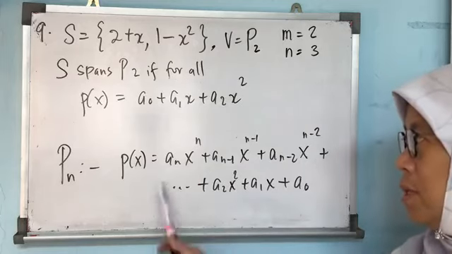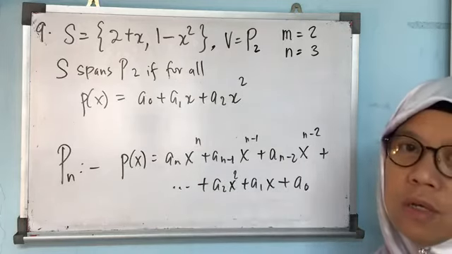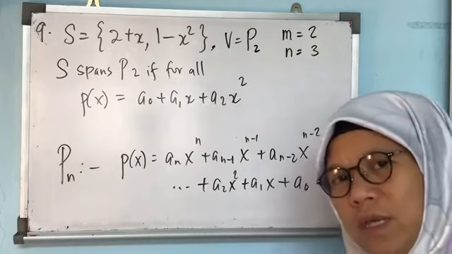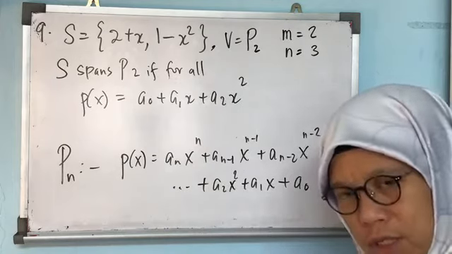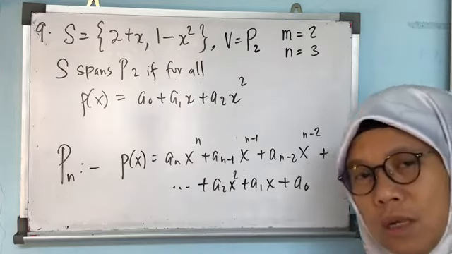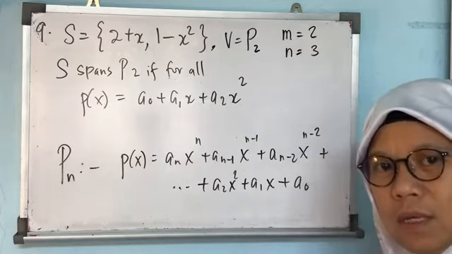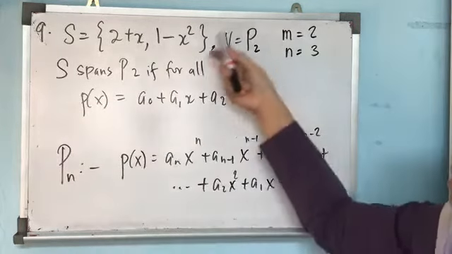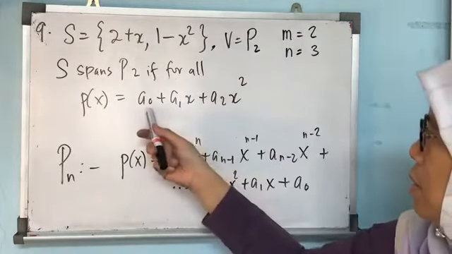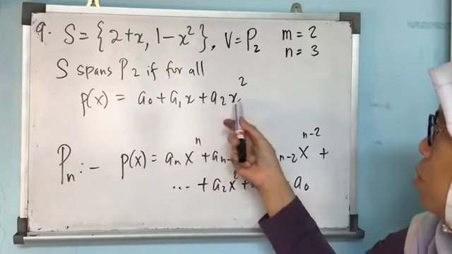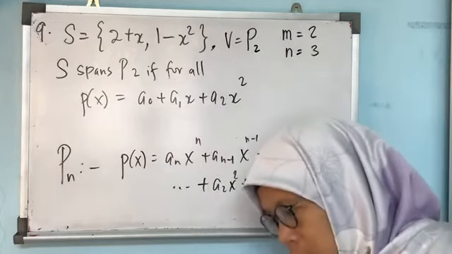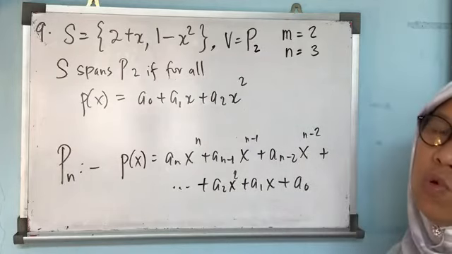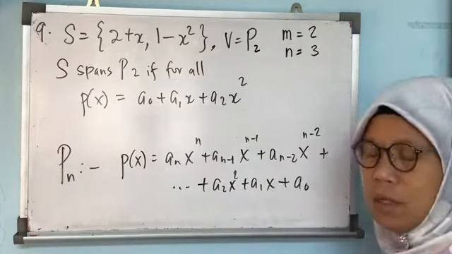So for polynomial, this is your vector y, that for any vector y in V can be written as a linear combination. So you have to know the general form of your vector in the vector space. For my P(x) in this whole vector space P2, it is in this form: a0 plus a1 x plus a2 x squared. Now, sometimes the question uses t, so you have to follow 1 plus t, t squared, and so on.